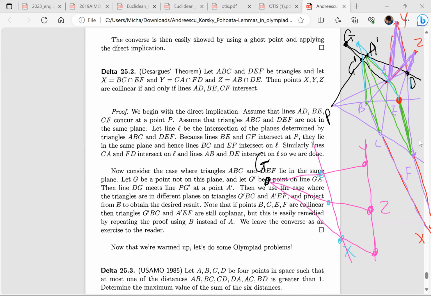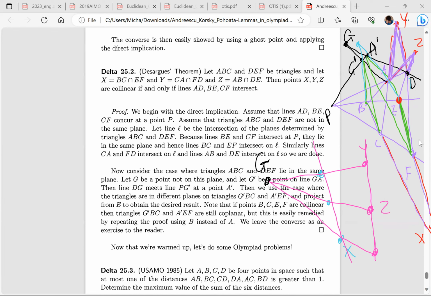So the fact that BE and AD intersect at P shows that P, A, D, E, B, all five points, are coplanar, for those two lines to intersect. Of course, two lines might or might not intersect if they're in three dimensions.